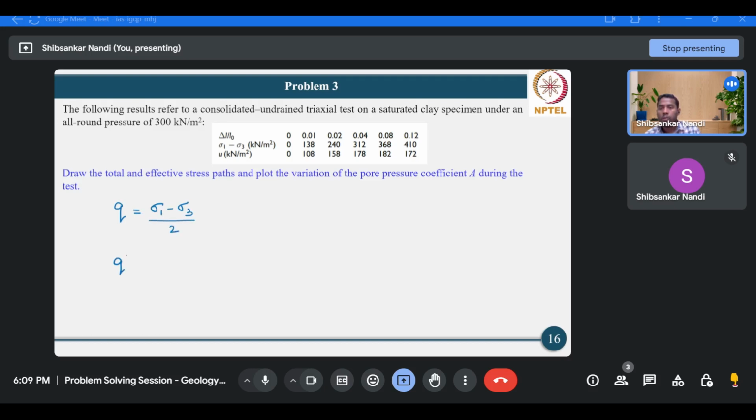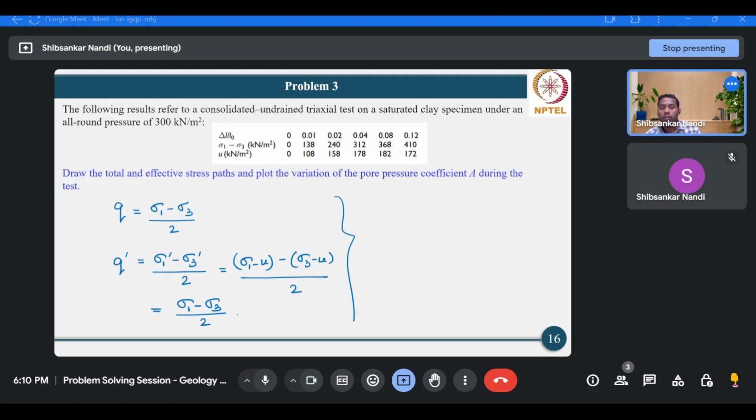This is in terms of total stress, and in terms of effective stress it will be (sigma 1 prime minus sigma 3 prime) by 2, and sigma 1 prime is nothing but sigma 1 minus u, sigma 3 prime is sigma 3 minus u, divided by 2, and that means (sigma 1 minus sigma 3) by 2. That means you can write Q and Q prime both are equal.